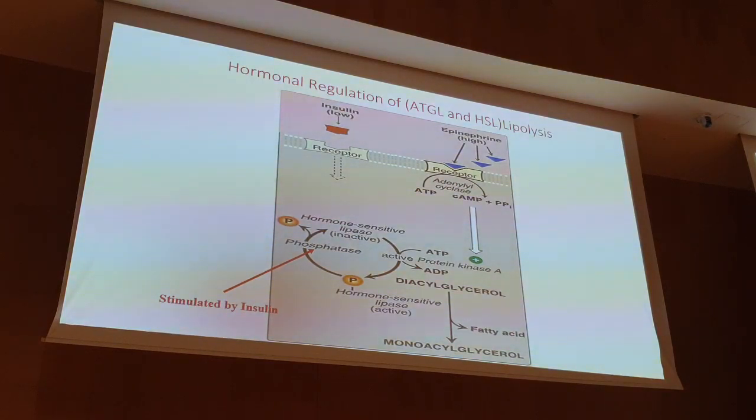Also to remind you, insulin, on the other hand, when it binds to its receptor, will activate a phosphatase that will take the phosphate out of this hormone-sensitive lipase and thereby prevent it from breaking down the diacylglycerol. So insulin has the opposite effect. And that's how you will activate hormone-sensitive lipase.